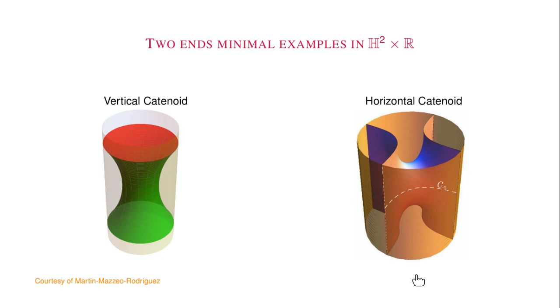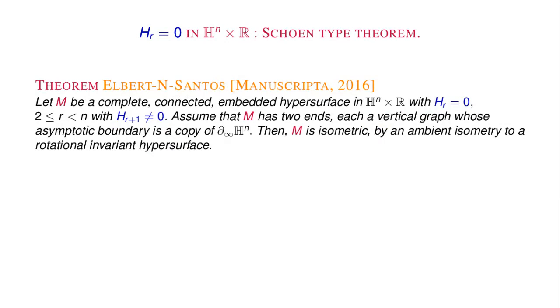So you need to deal with these two cases in a different way. Let me first treat the left side case for HR equal to 0 in HN cross R, and I call it a Shin type theorem. I will tell you more later.